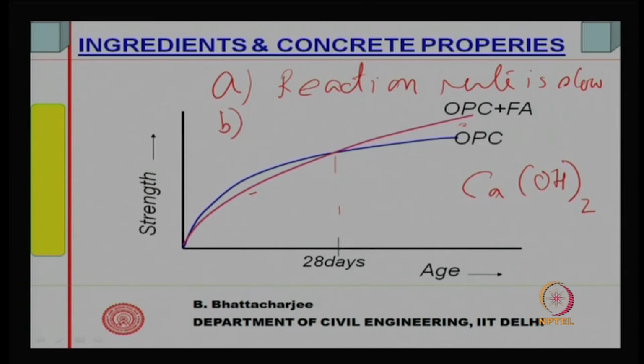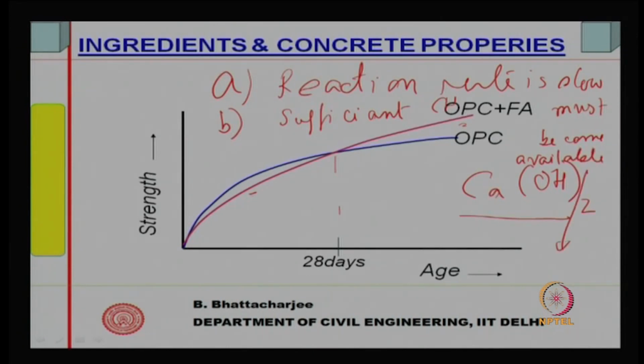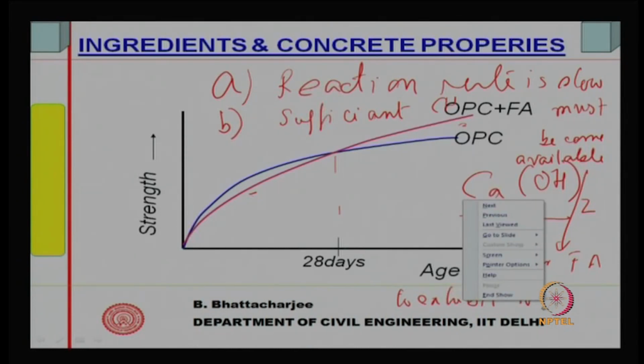B, sufficient lime must be made available, sufficient CH must become available for FA to exhibit pozzolanic reaction, pozzolanicity.